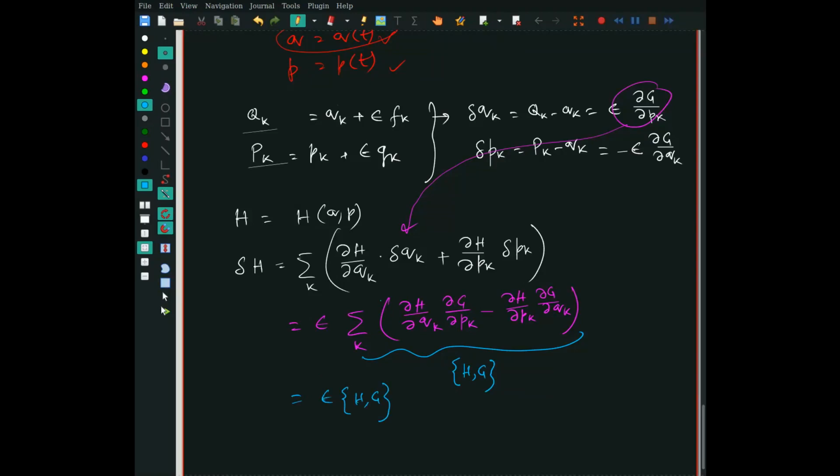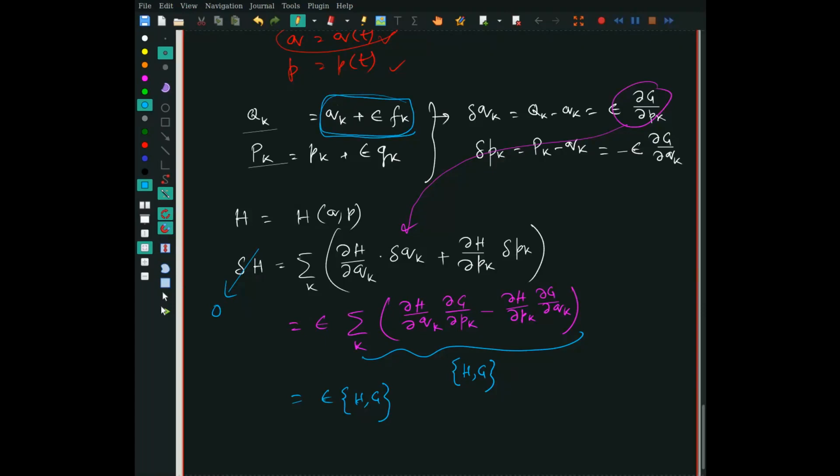Now again, if nothing happens to the Hamiltonian when you make this transformation, if this transformation with parameter epsilon is a symmetry of the Hamiltonian or the symmetry of the system, then this delta H, the change in Hamiltonian, will be zero.